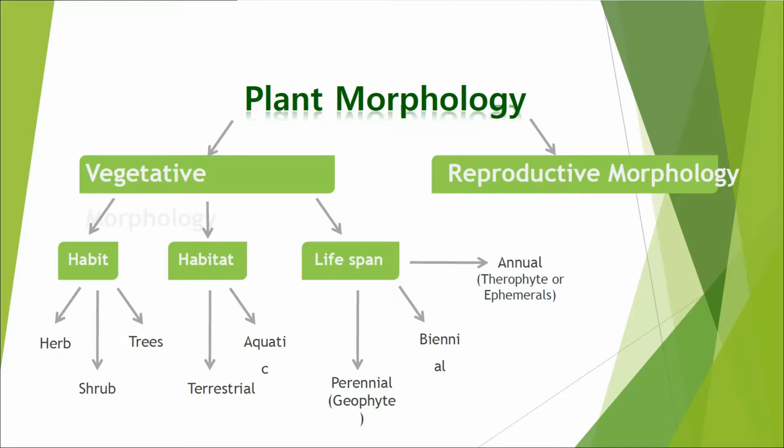Based on the habit, the general form of the plants are classified into herbs, shrubs, climbers and trees. Based on the habitat, they are classified into terrestrial and aquatic. Terrestrial means land plants, aquatic means water plants. Based on the lifespan, they are classified into annuals, biennials and perennials.